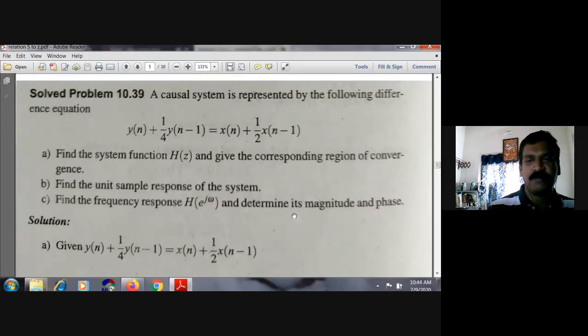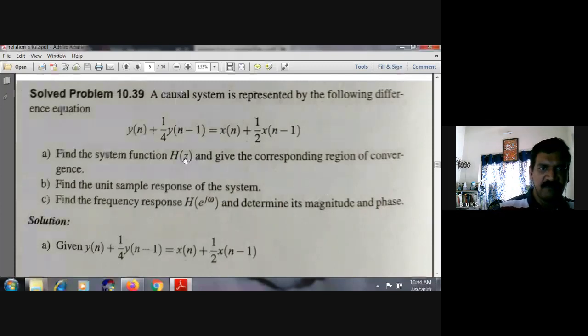Earlier we could find only up to this, but here we obtain the magnitude and phase response. So all the different portions we studied are covered.